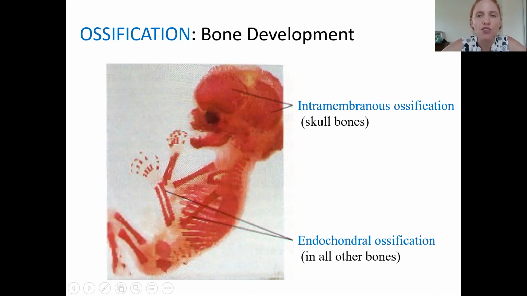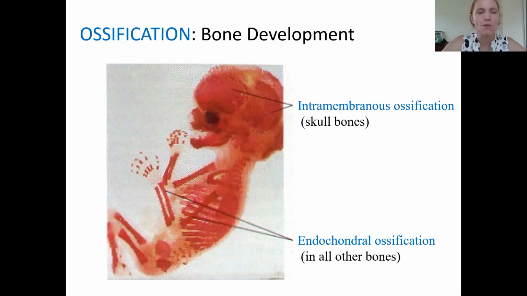There are two different processes to make bones depending on the type of bone you are making. So the flat bones of the skull and the clavicles too, strangely enough, are made by a process called intramembranous ossification. So intra means within, right? So inside of the membrane. It's going to be created from a membrane structure that's formed from mesenchyme, which is the embryonic tissue type that forms all of the connective tissues.